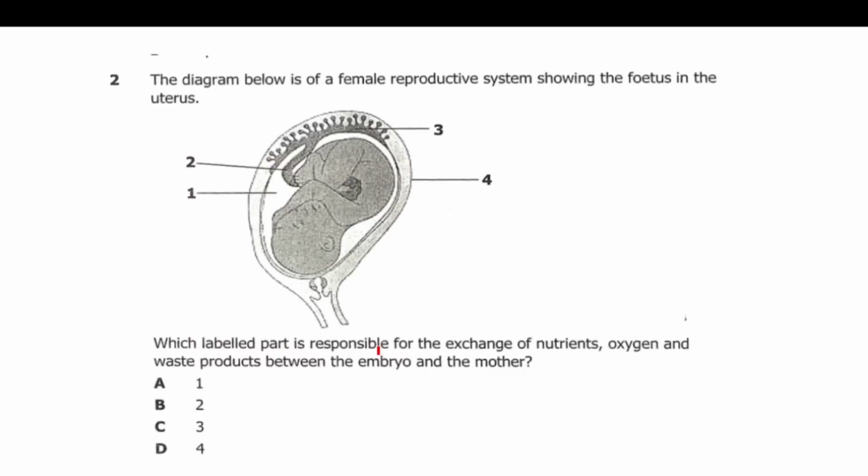Which labeled part is responsible for the exchange of nutrients, oxygen, and waste products between the embryo and the mother? So the answer here should be 3, which is the placenta, which is the part of the womb used in exchange of oxygen and the waste products between the embryo and the mother. So here our answer is C.